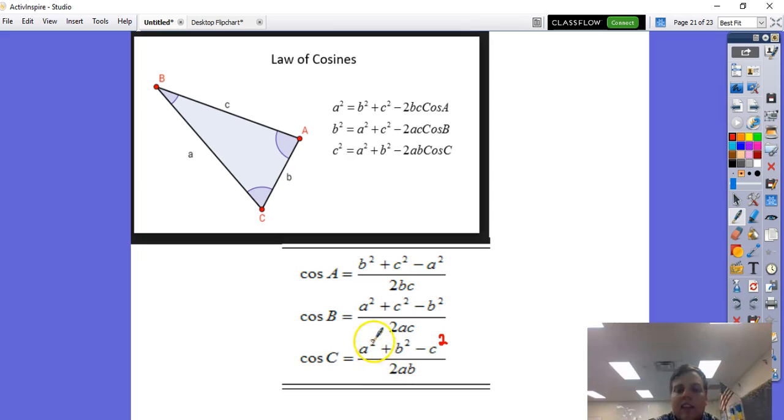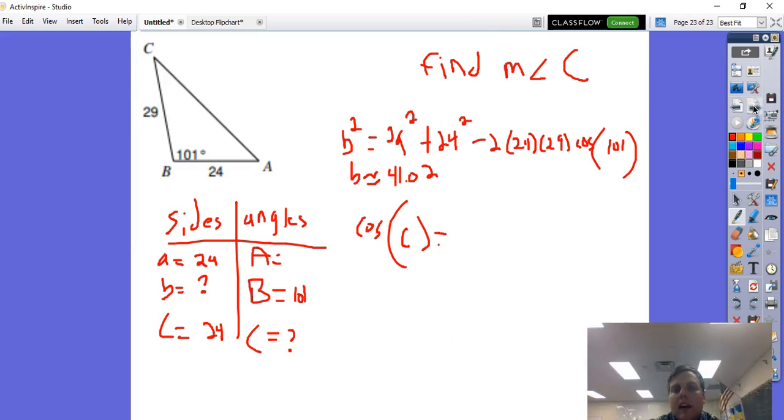So that is the side not opposite this angle squared plus the other side not opposite this angle squared, minus the side opposite this angle squared. So it's the two sides that are not opposite C. It's not going to be 24, because 24 is opposite C.